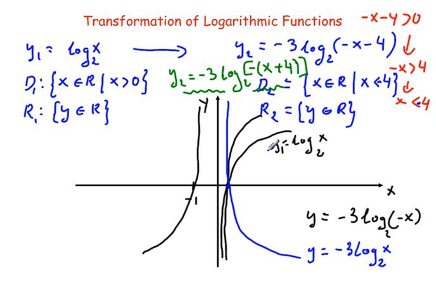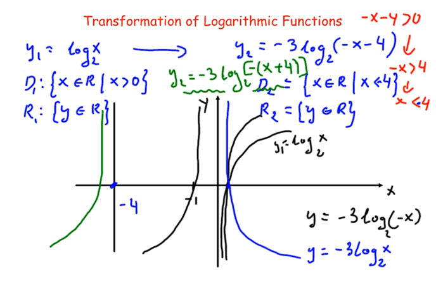So my vertical line should be placed where that negative 4 mark will be. This should be my vertical asymptote at negative 4. Since the domain says less than negative 4, the entire graph should be located to the left of negative 4.